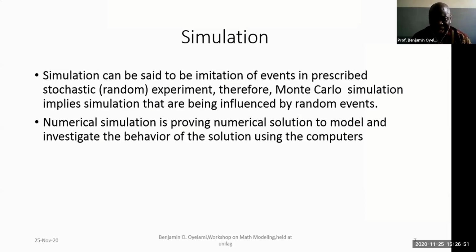So he was trying to look at the ruthless game which is played in the city of Monte Carlo, and then he tried to see how a real life problem can be replaced by a stochastic random experiment.